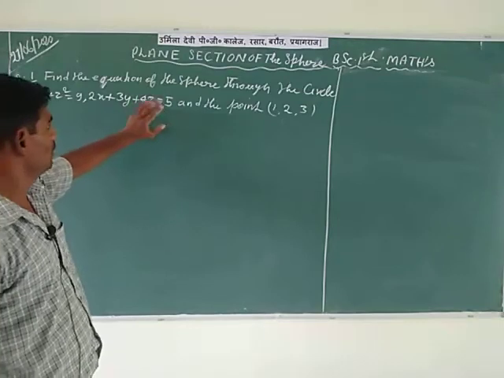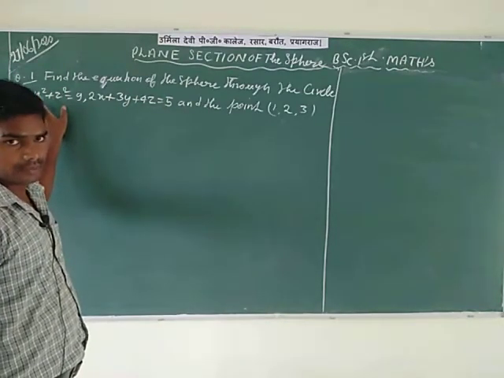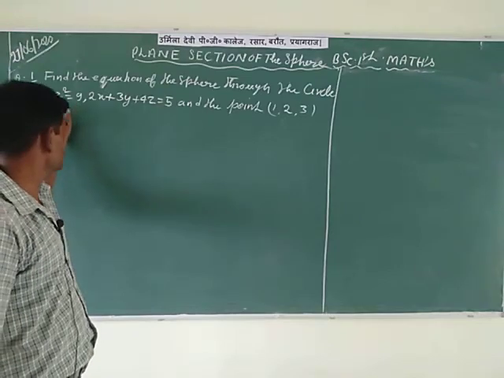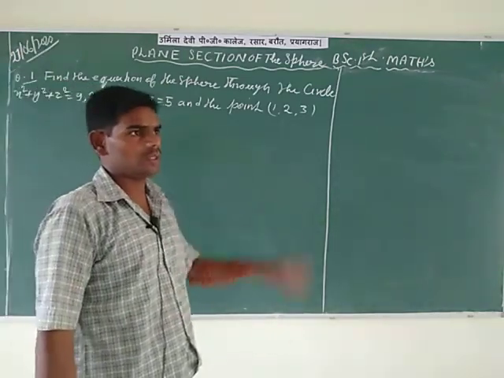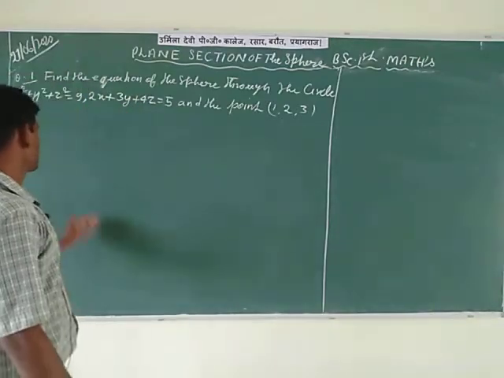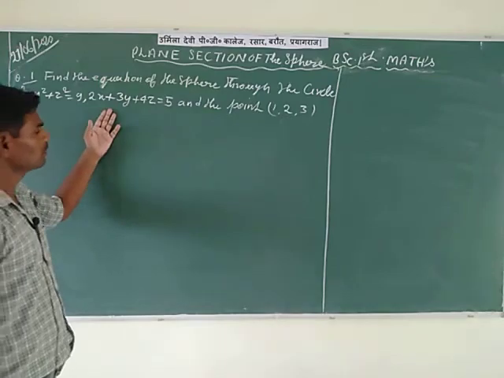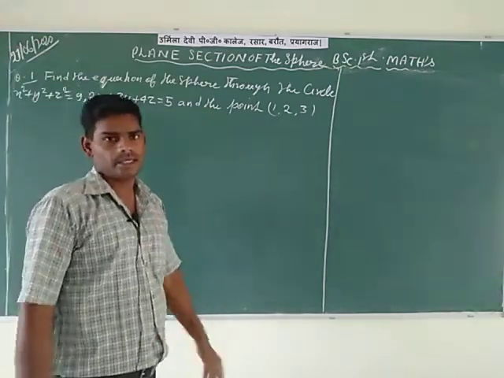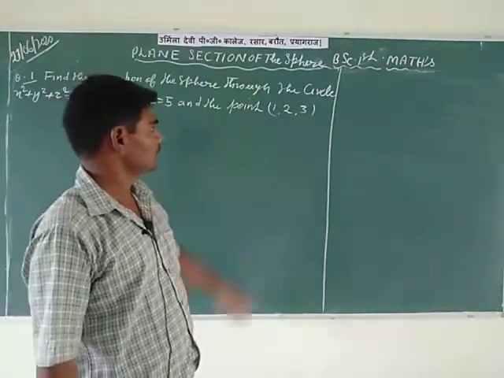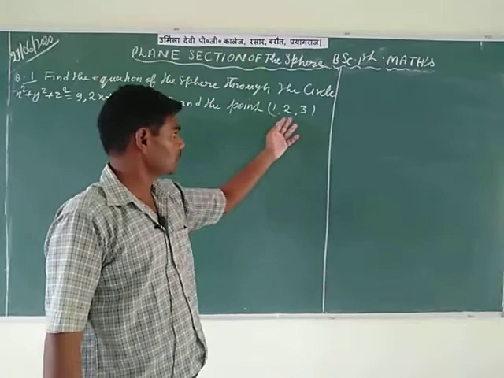You know that the intersection of a sphere and a plane represents a circle. So circle equation is always written as two equations. The first equation is the sphere equation and the second equation is the plane equation. And also given an extra condition, this sphere must be passing through the point 1, 2, 3.